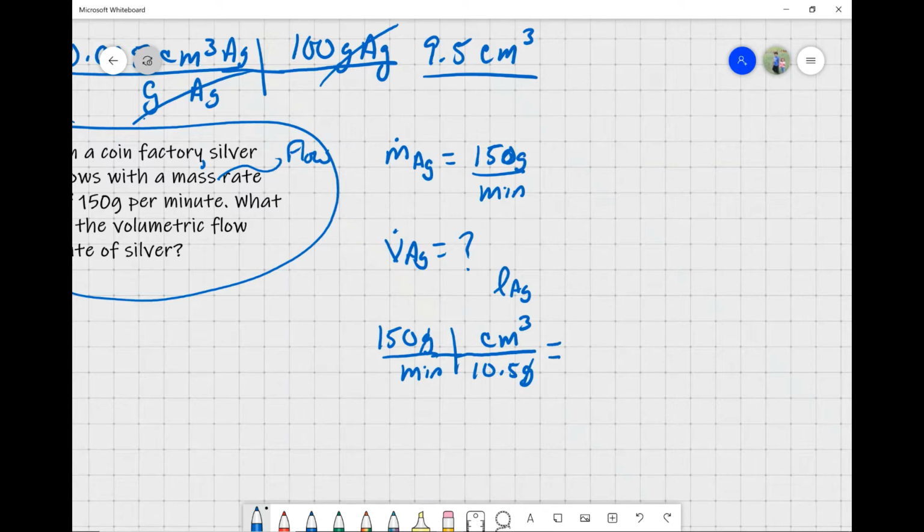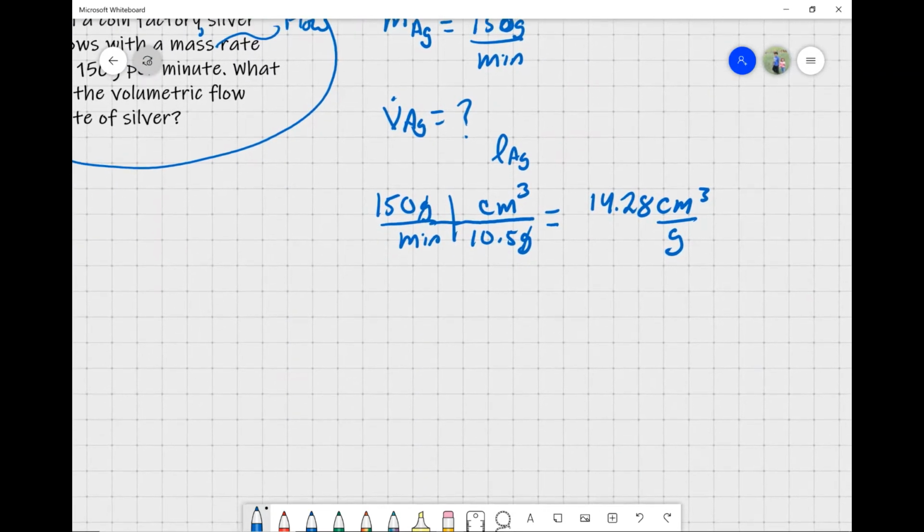So we'll get our volumetric flow rate. So 150 divided by 10.5 is 14.28 centimeters cubed per minute. Let's do it again using specific volume.